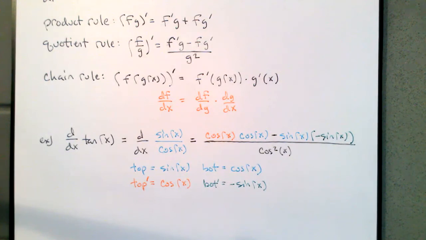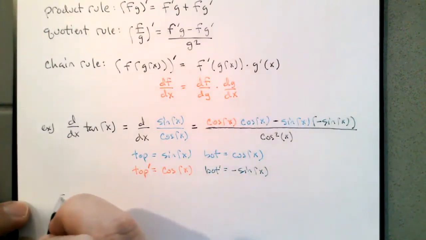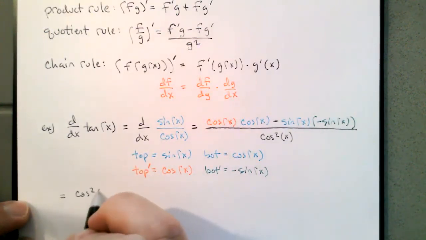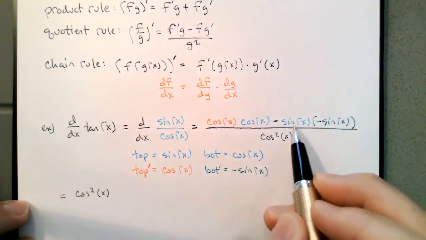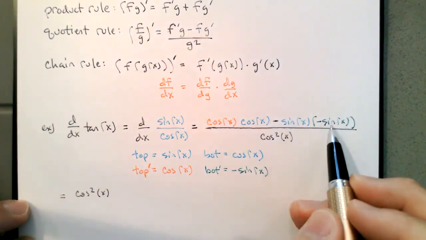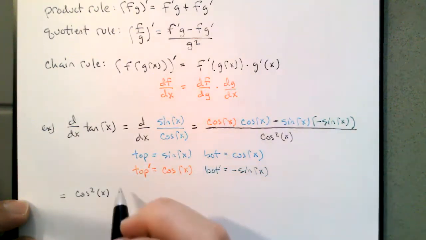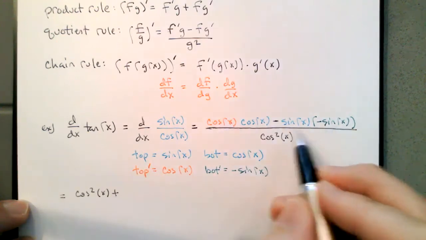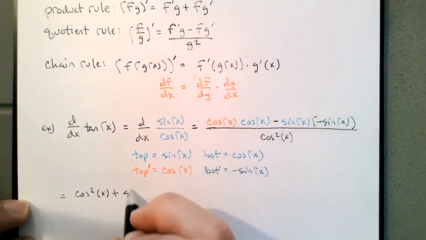Now we're going to simplify things a little bit because I have a cosine times a cosine. That's a cosine squared. Then I have a sine times a negative sine. So the negatives will make a positive, and sine times sine is sine squared.